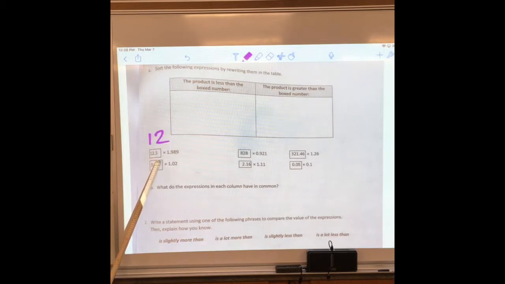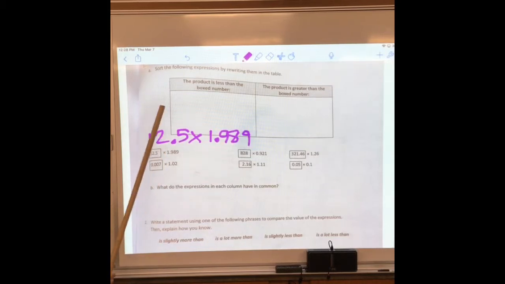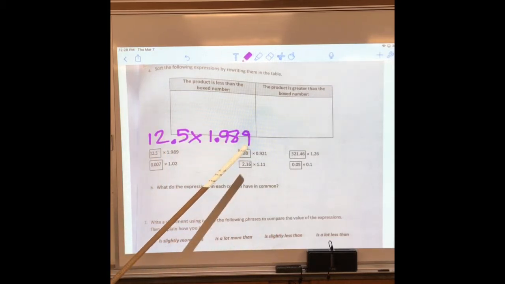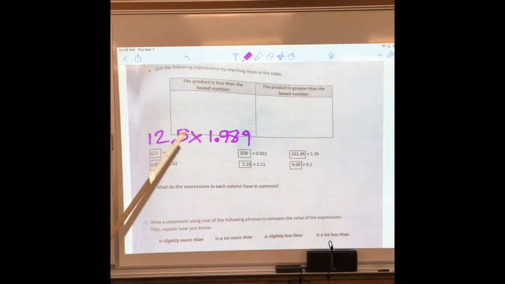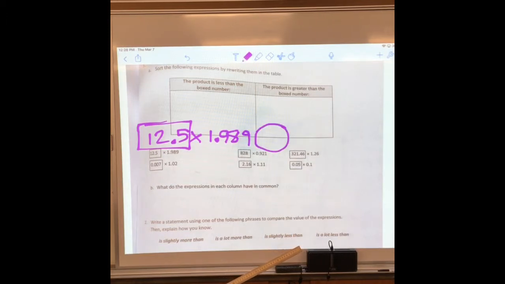It's 12.5 times 1.989. Remember our review. What it's basically saying, here's our boxed number, right? What would this be in comparison with 12.5? That's what they're really asking.